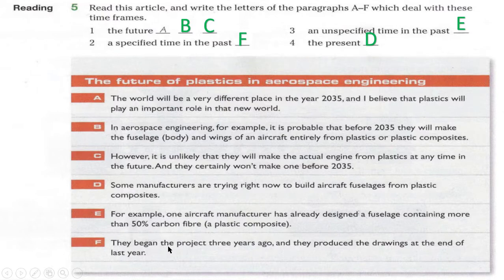Then they began the project 3 years ago, and they produced the drawings at the end of last year. So this one, paragraph F, will be a specified time in the past, because last year is a specified time. Last year, we know when.